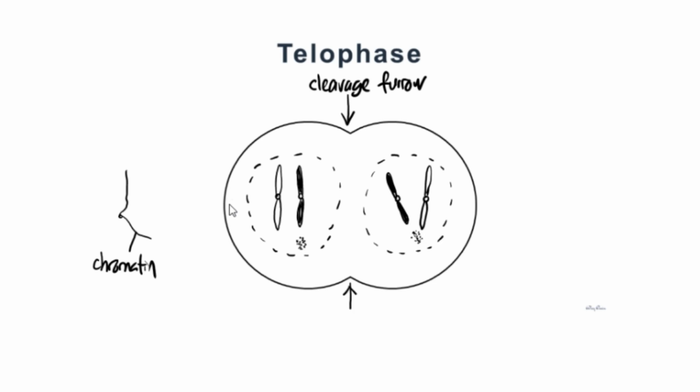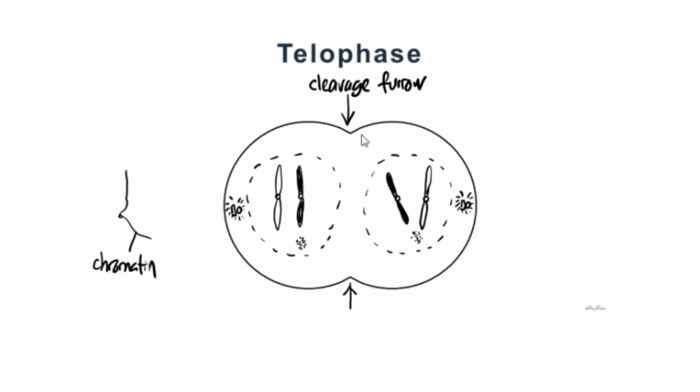At the opposite poles of the cell, the centrosome with the centriole is still there, but now no more microtubules or spindle fibers can be found in the cytoplasm because they start to disintegrate. Their mission is finished, complete. So this is the suggestion of the schematic diagram to represent the telophase.